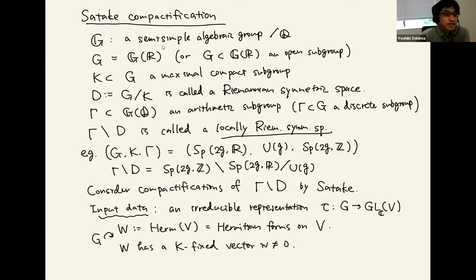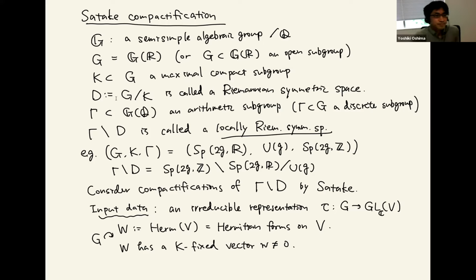So let G be a semisimple algebraic group over Q, and let G be its R-valued points or an open subgroup, and K a maximal compact subgroup of G. Then we get the so-called Riemannian symmetric space, D = G/K.